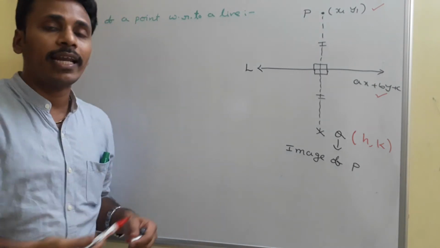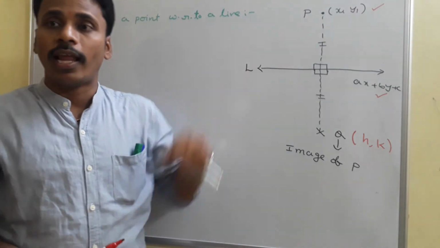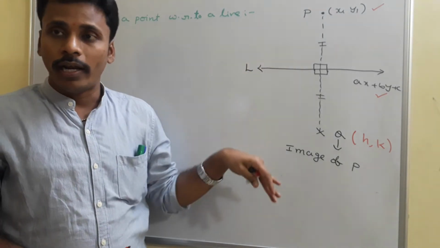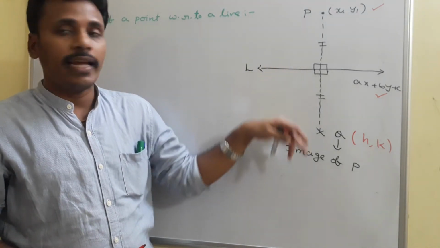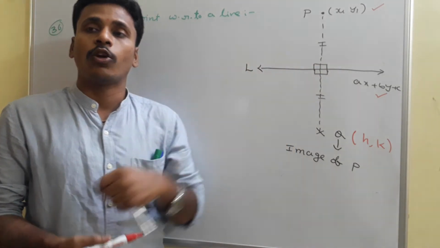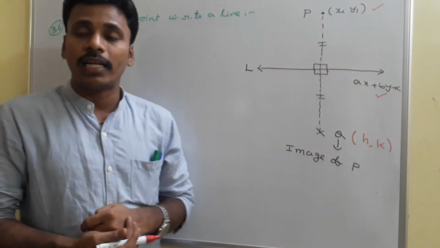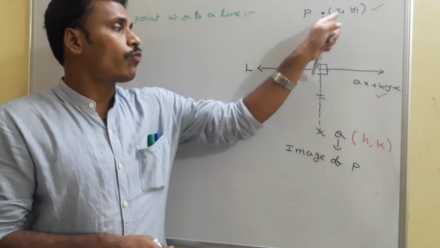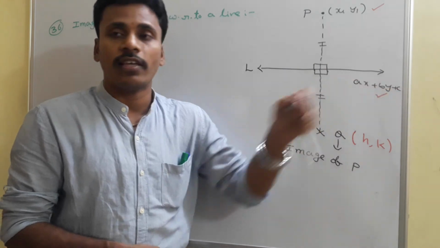We have to find the image of that point with respect to the line. The image of the point with respect to the line is another point which is equidistant from the line just like P, and the line joining PQ is also perpendicular to the line. Now our target is to find this h comma k in terms of x1, y1 as well as the coefficients a, b, c.